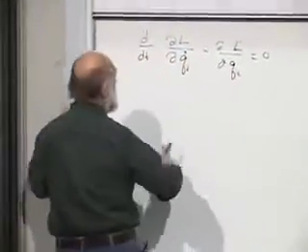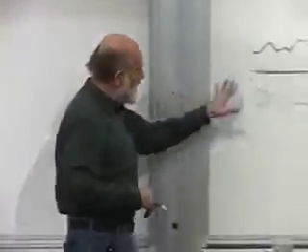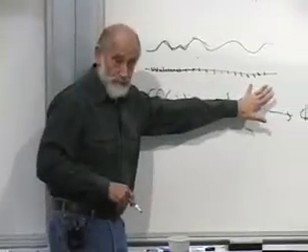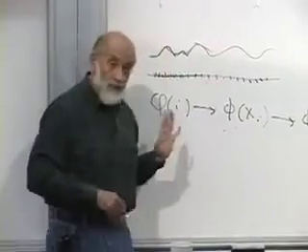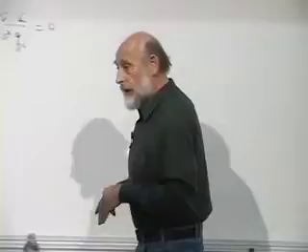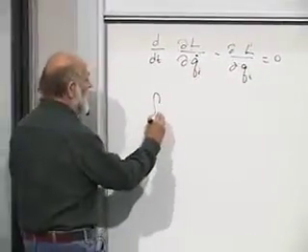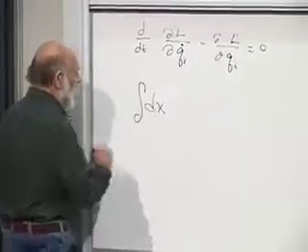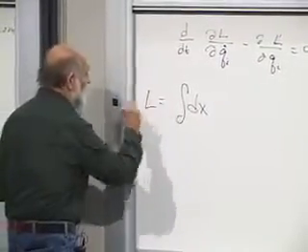We can summarize all of this by saying we have a Lagrangian which begins as a sum over position, a sum of all the kinetic energies and a sum of all the potential energies, and becomes replaced by an integral dx. Now, x does not stand for a particle location.